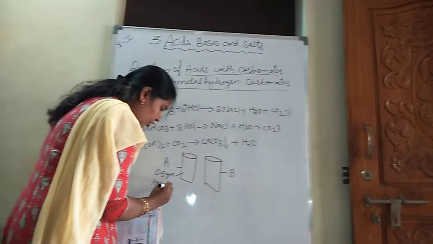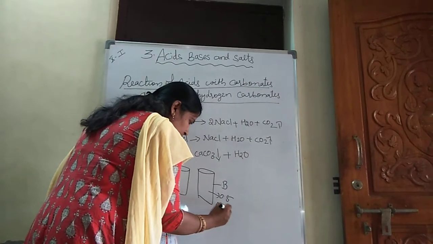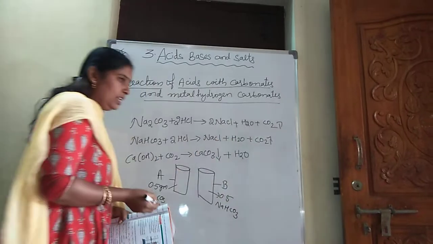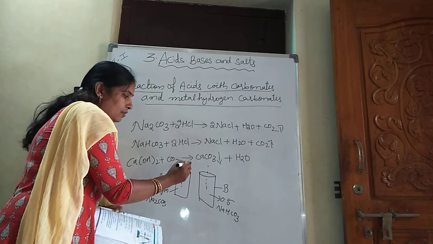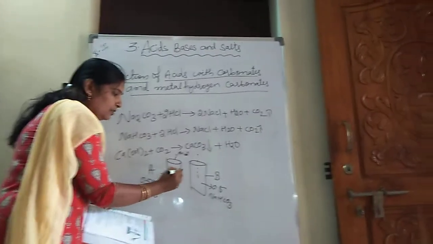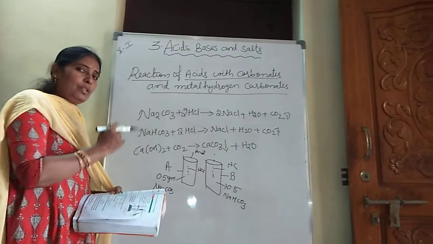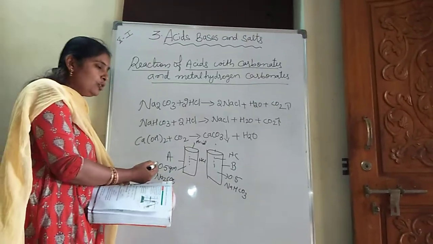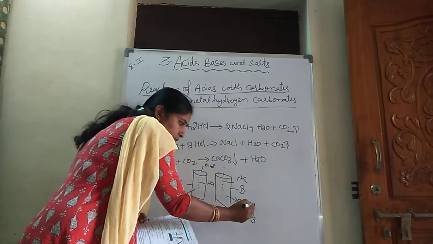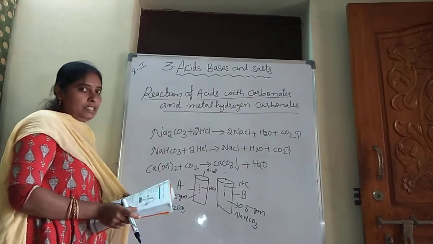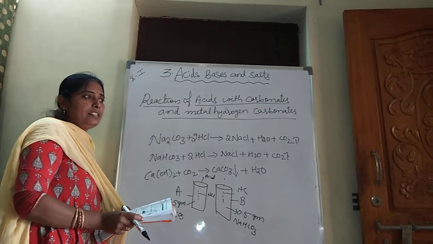Take two test tubes, label them as A and B. In one test tube, 0.5 grams of metal carbonate, that is sodium carbonate, and in the other test tube 0.5 grams of sodium hydrogen carbonate. To both the test tubes we need to add an acid. Which acid? HCl. Add 2 ml of hydrochloric acid drop by drop.